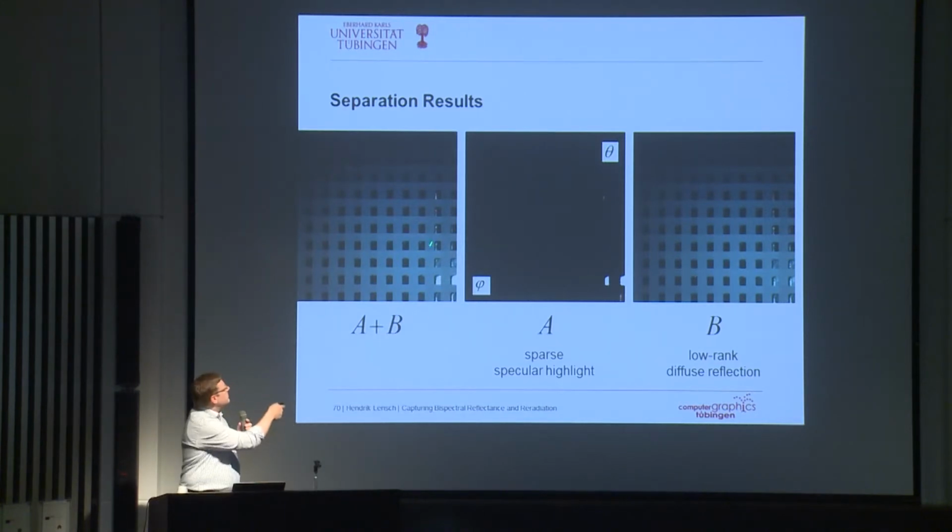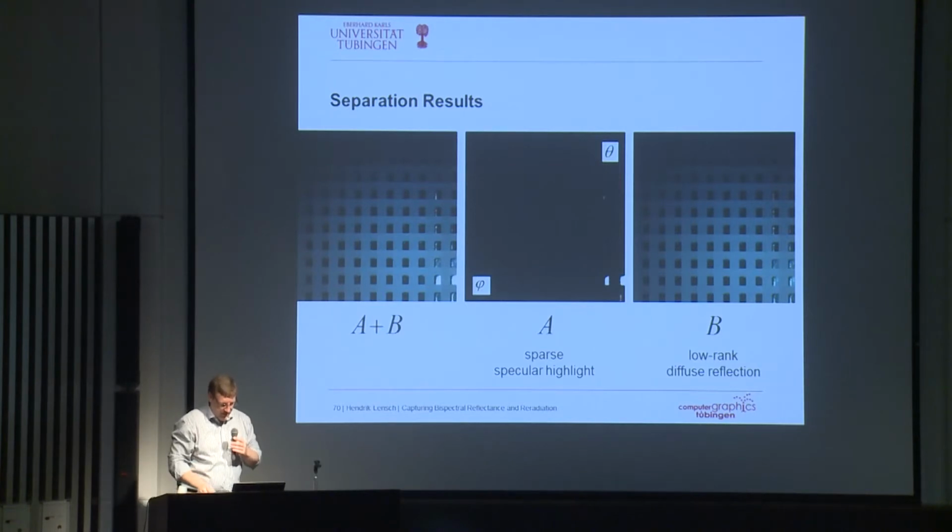You see that in some part of our incident direction domain, we see specular highlights here. And our separation nicely tears apart the specular reflection, which is very narrow and sparse, and the overall slowly varying diffuse reflectance.